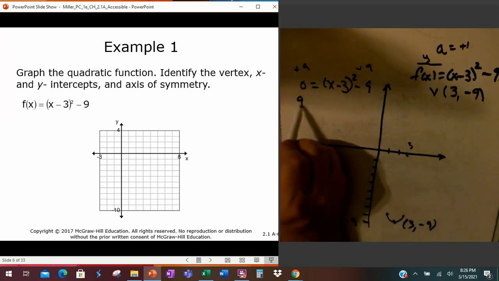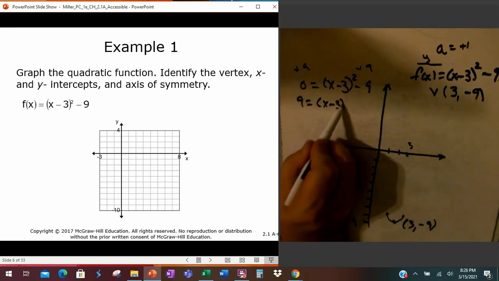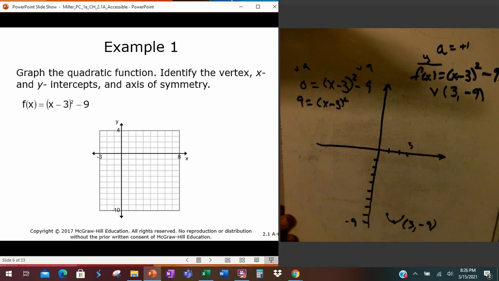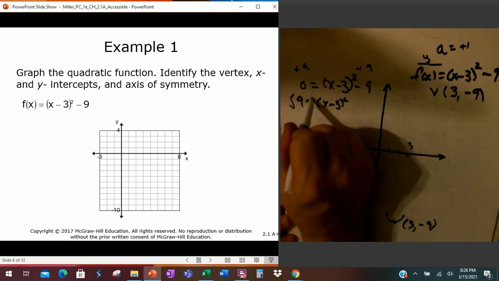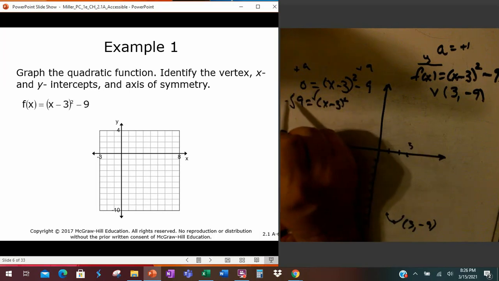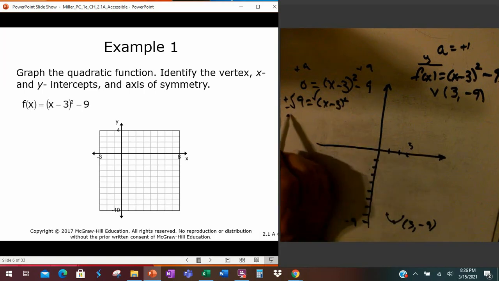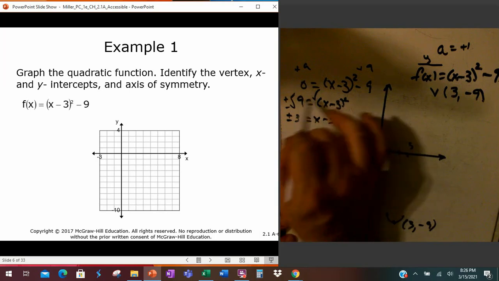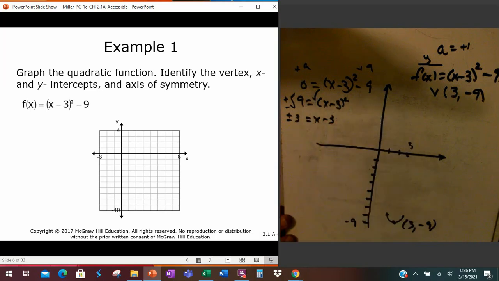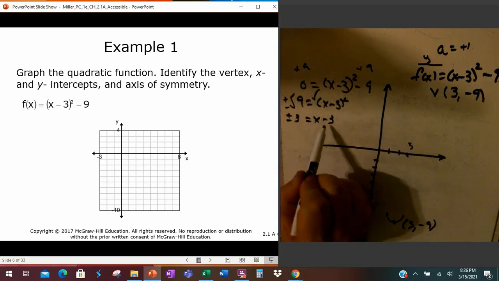So +9 gives me 9 is equal to (x minus 3) squared. I'm going to take the square root of both sides, and I've got to do plus and minus here. So the square root of 9 is 3, so plus or minus 3 is equal to x minus 3. And now I'm solving for x.